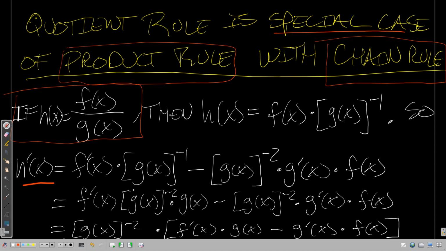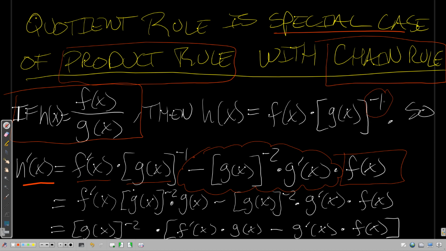So the derivative of that rational expression, f over g, would be the derivative of the first times the second, and then plus the derivative of the second times the first. Well, here's the times the first, and all of this is the derivative of the second, because you would use the chain rule.